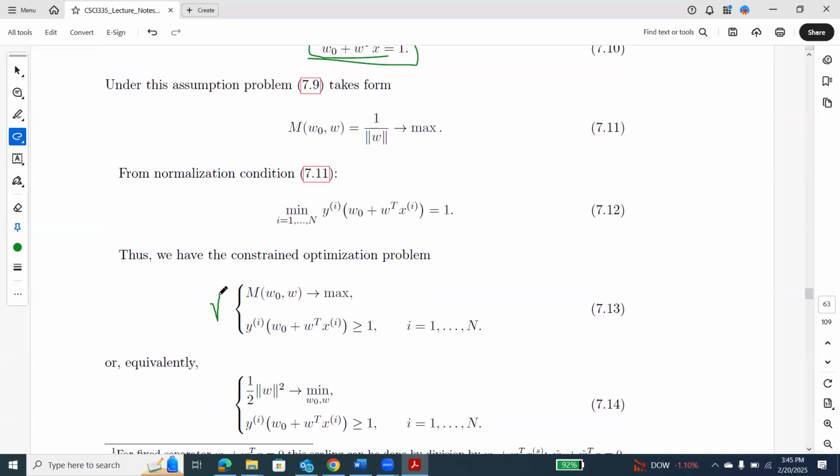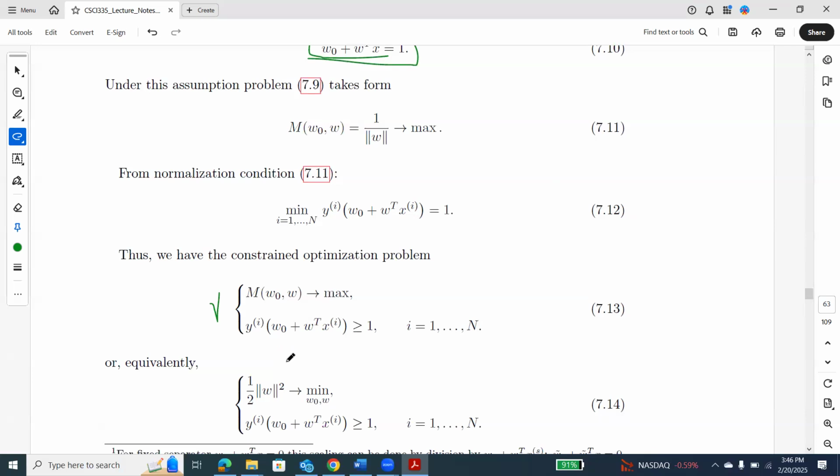As this problem, we want to maximize M, which is now just 1 over W. But with the additional constraint, the smallest value for margin can be 1, because the distance to the nearest point, we assume, is 1. For further points, this distance will be only greater than 1.